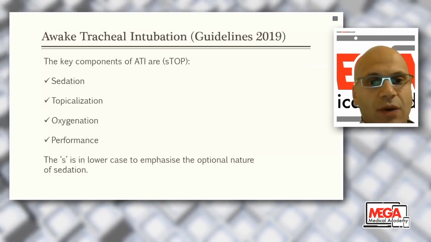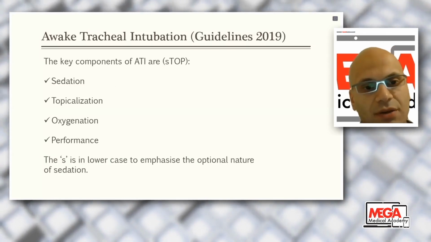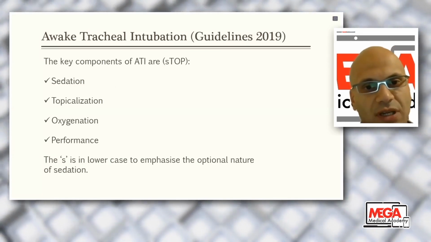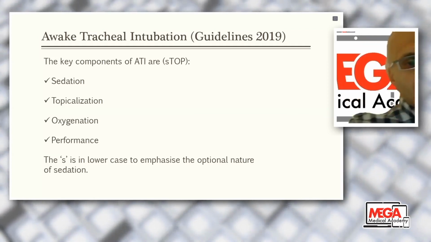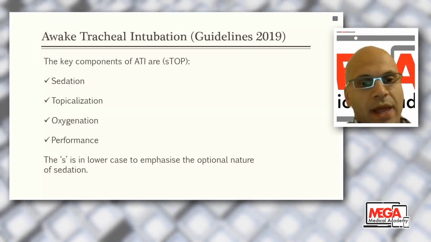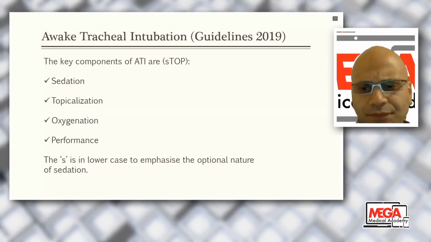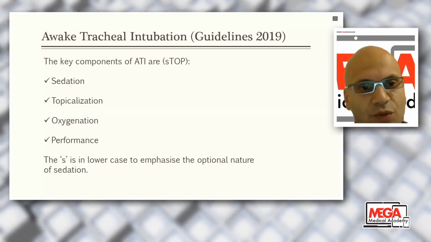The key components of awake tracheal intubation are sedation, topicalization, oxygenation, and performance. The S for sedation is small because sedation is not mandatory to perform awake tracheal intubation, especially if the case is an emergency or a morbidly obese patient, where sedation is not preferable.